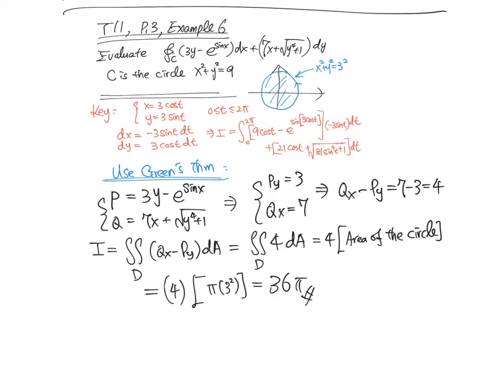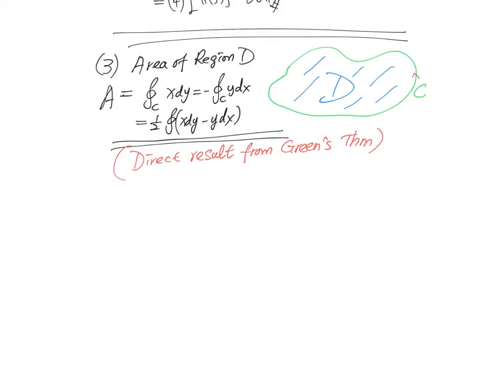We also have a direct result from Green's theorem. Suppose this curve is a closed curve bounding a region D over here.